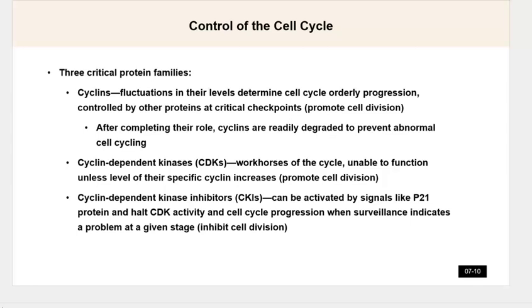When active, these kinase proteins will phosphorylate a specific set of protein substrates. It's through that phosphorylation that it begins to set in motion the various stages and transition points in the cell cycle. So these things have to be phosphorylated at key times to help move things through the cell cycle.